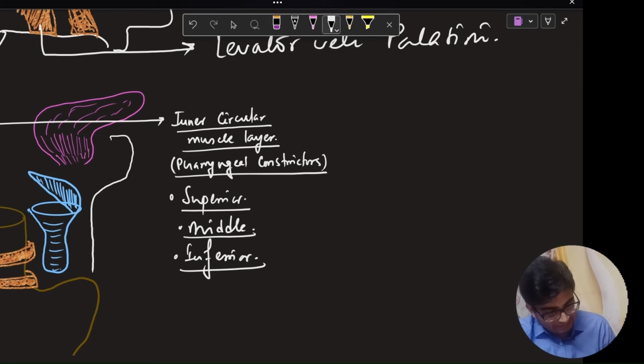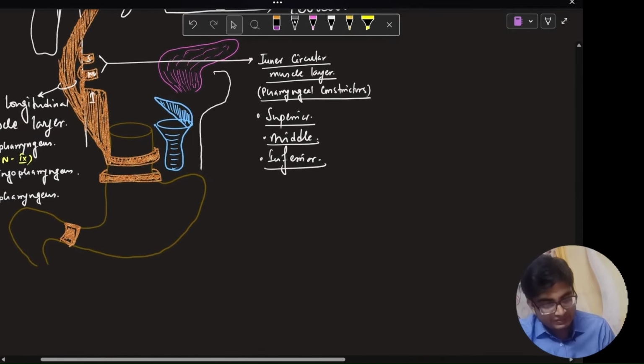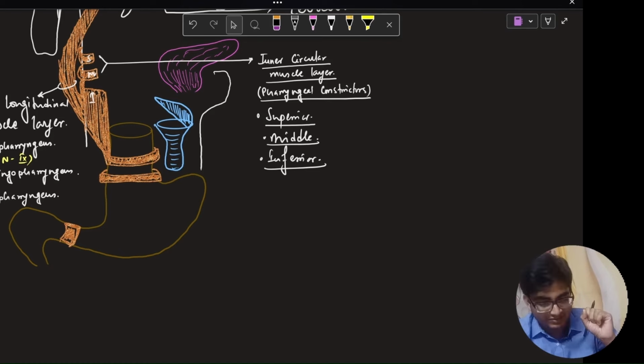And very importantly, now you have got another muscle in the esophagus which is controlling, and that is nothing but this one.